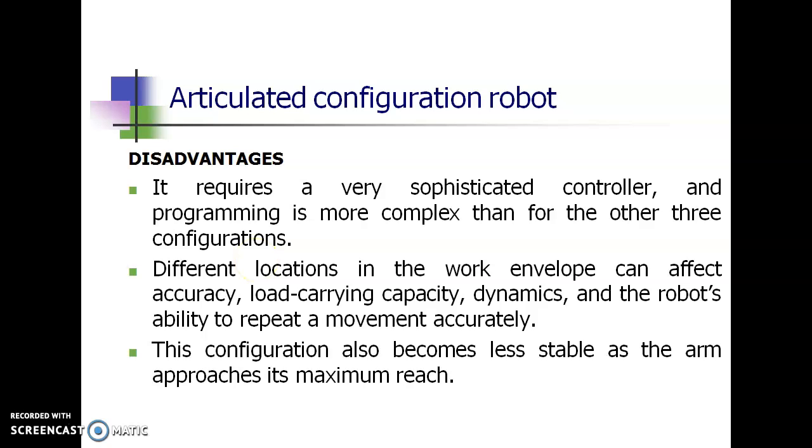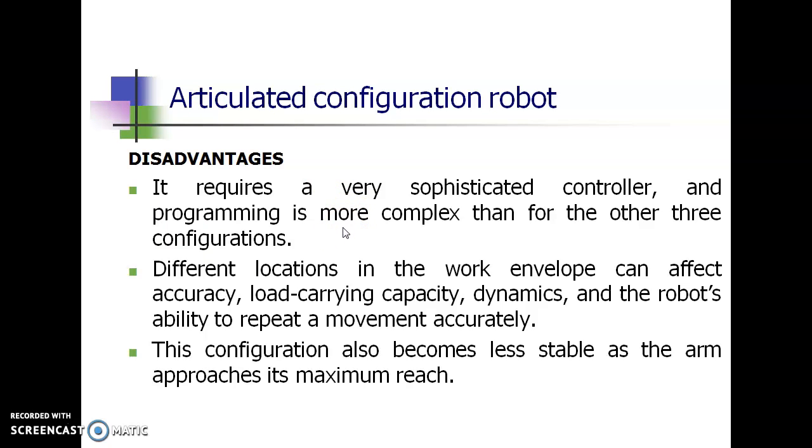Simply, we know a human arm at an extended position has lesser rigidity. You can't hold the weight at the extended position, but when you are folding your elbow, you can handle more weight than at the extended position.